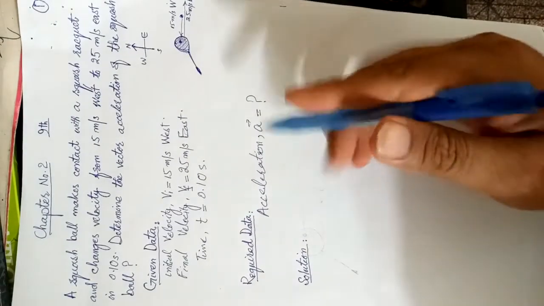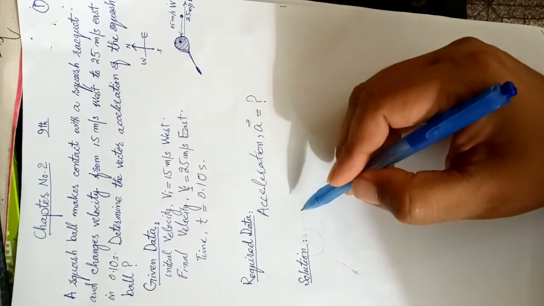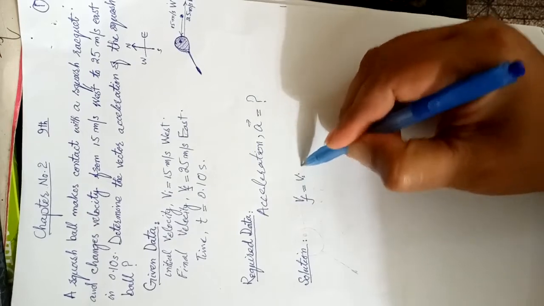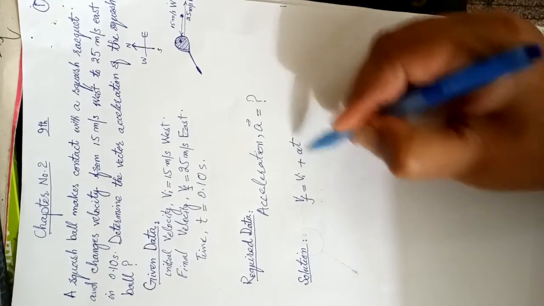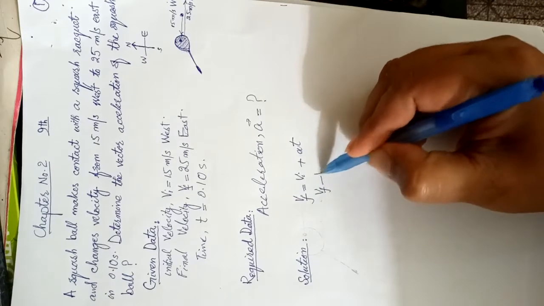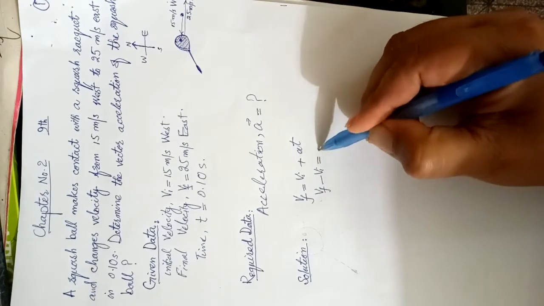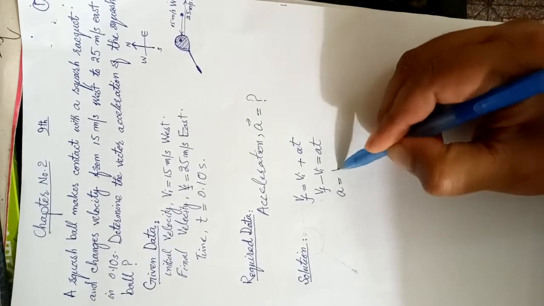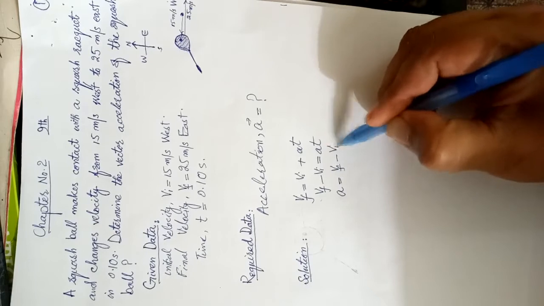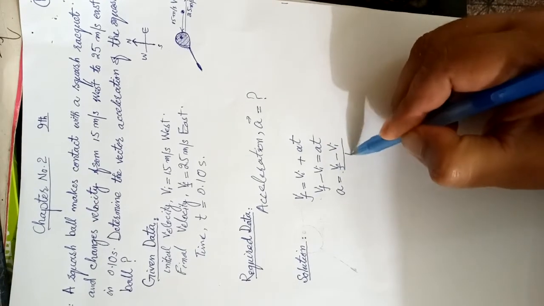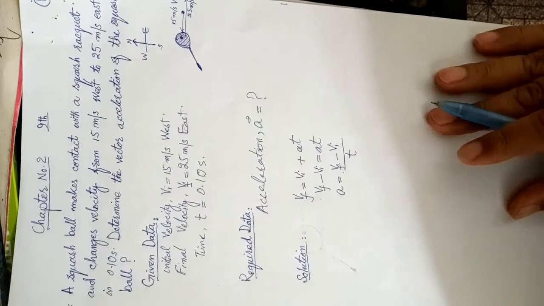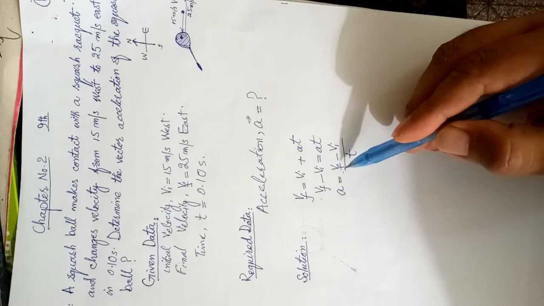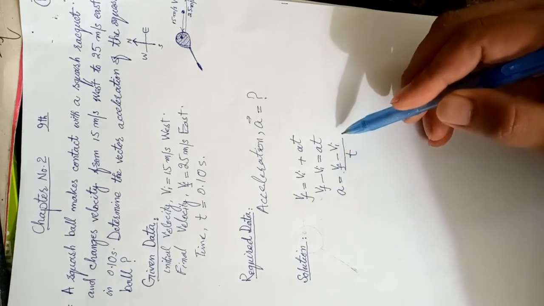We know from the first equation of motion, Vf is equal to Vi plus At, or Vf minus Vi is equal to At, or we can write A is equal to Vf minus Vi divided by t. So from equation first, the formula for acceleration is A is equal to Vf minus Vi divided by time.